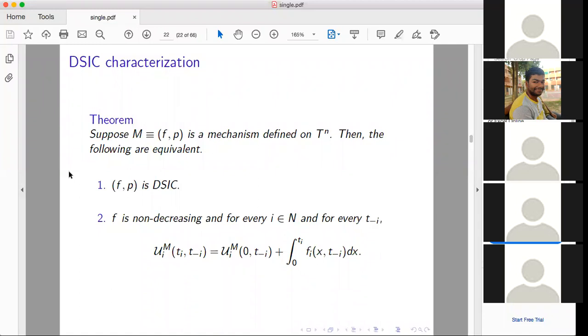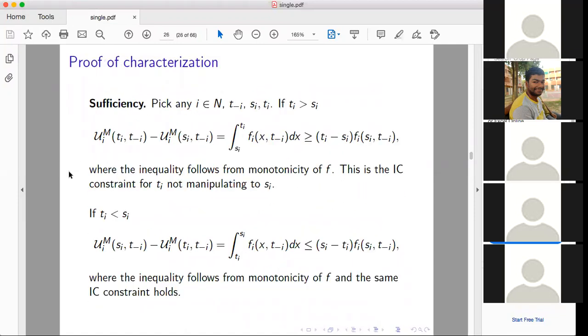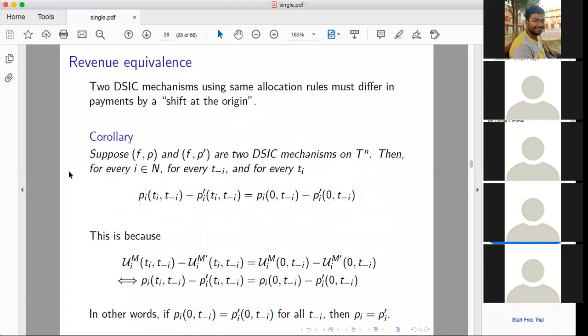Okay, and we saw some consequences of this characterization. In particular, we showed the so-called revenue equivalence implication: if you have two mechanisms, (f, p) and (f, p prime), that use the same allocation rule but whose payments are potentially different, and they are both DSIC, then the payments differ at the lowest type, and this difference is translated across all types.